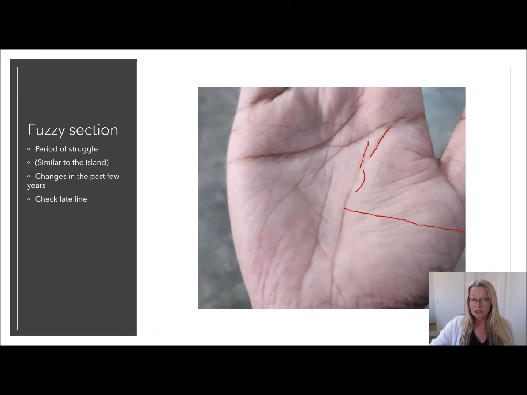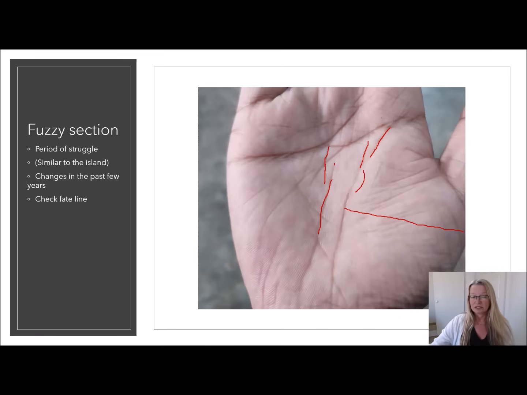Because that also shows our direction, the fate line in the middle here, you can see it's quite dark and then it starts to get a bit weaker, but it also shifts over. It stops over here, but it continues from a new spot over here. So the fate line has changed position exactly like the lifeline has. It shows that direction has changed, and after that it continues in a different manner.